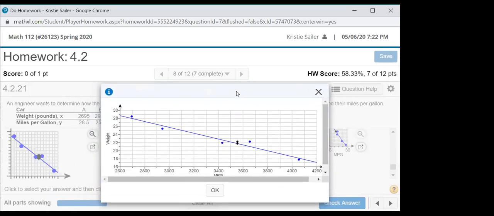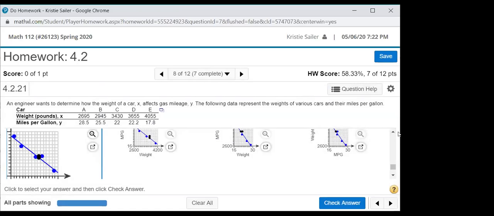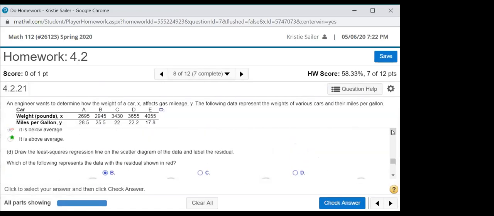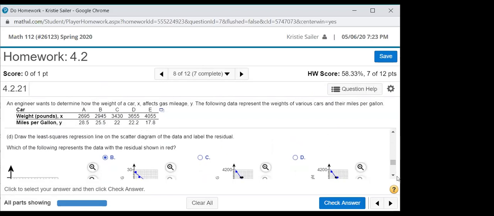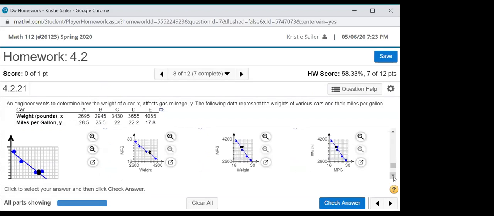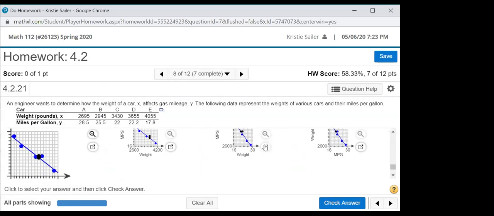So, let's go back. Which of the following represents the data with the residual shown in red? Which of the following is that residual amount? First of all, if you scroll up a little bit more so I can see the diagrams, you should have weight as X. So these two are no good.